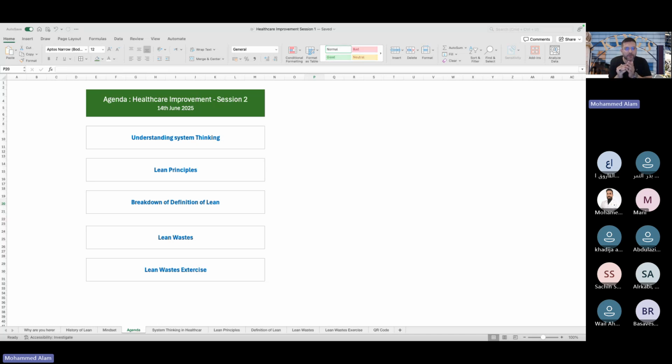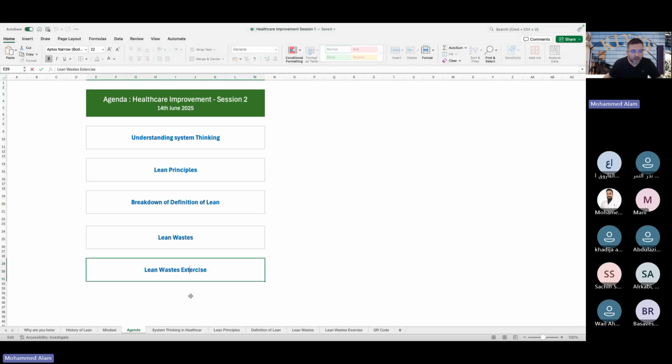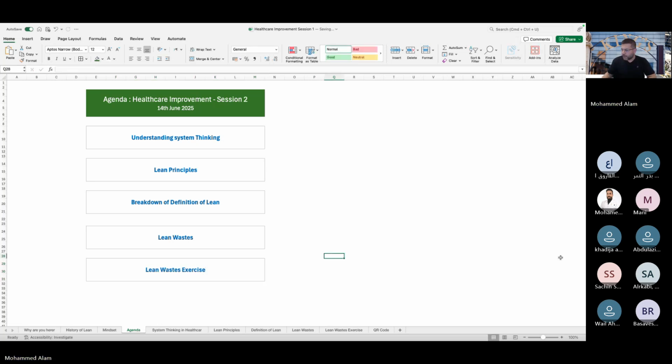Then we'll go through lean waste. Some people list it as seven wastes. Some people take it as eight wastes as well. We'll look into it. And then last, we'll go through a lean waste exercise that will test our understanding of lean waste. So this is how the flow would be today.